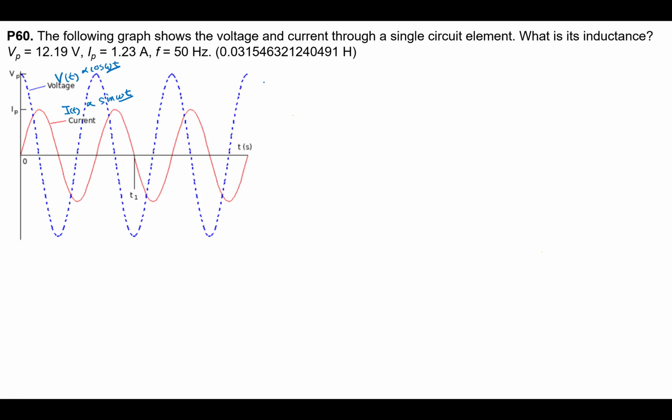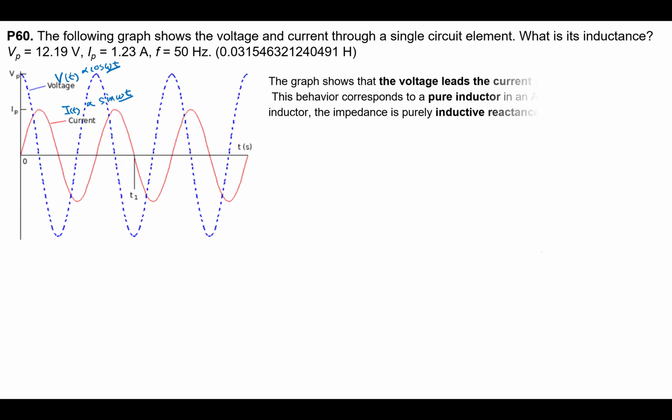So in this case, this is the typical example of a pure inductor circuit. You have an oscillating voltage, and then you have only one inductor.